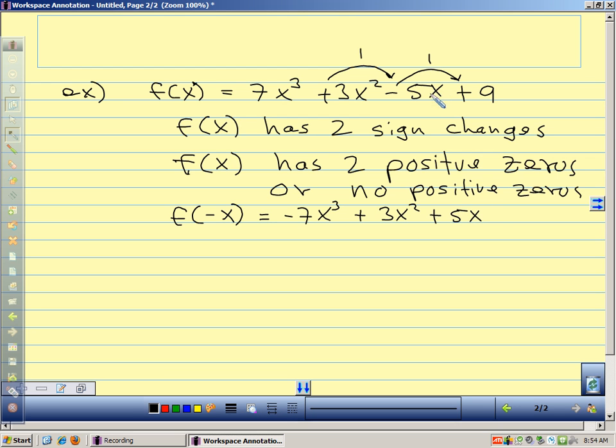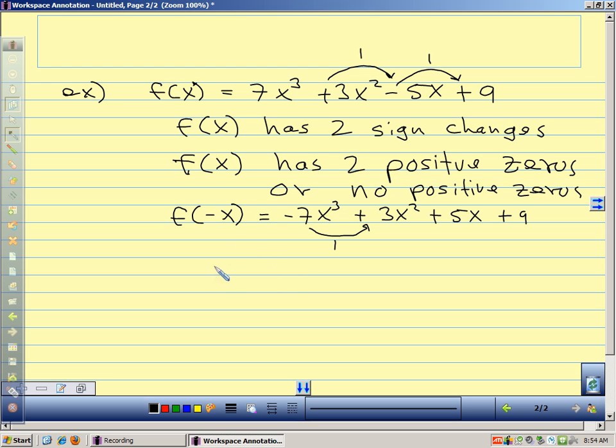If I plug negative x in here, it changes that sign, plus 9. So let's look at the sign changes here. I have 1 there. Why doesn't the sign change there? We're squaring a negative. When we square a negative, the sign turns positive. So we have 1 sign change there, no sign change there, no sign change there.